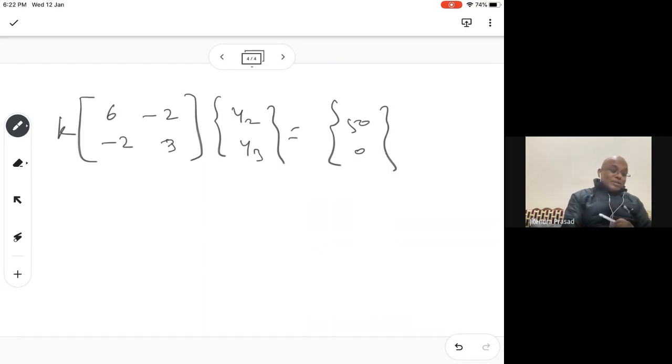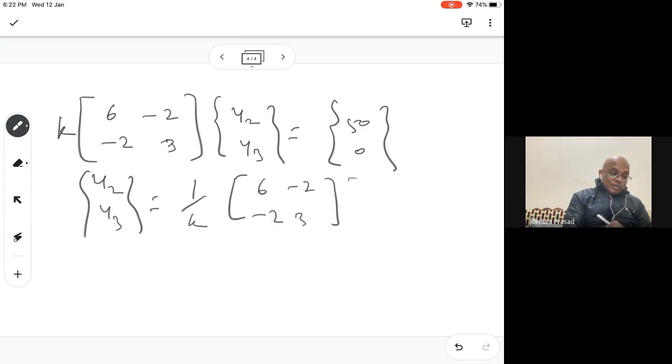Now we have to solve it, so we take the inverse. u2 u3 is equal to 1 over k times the inverse of 6 minus 2 minus 2 3, times 50 0.